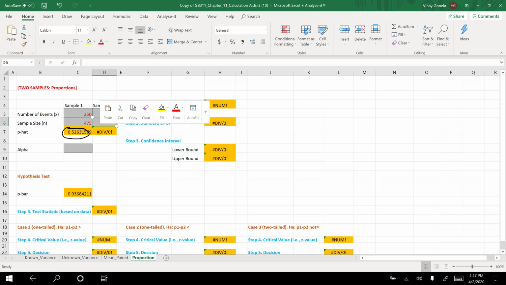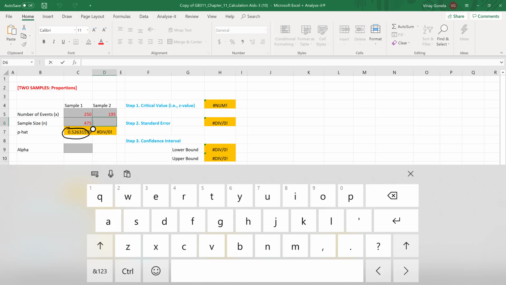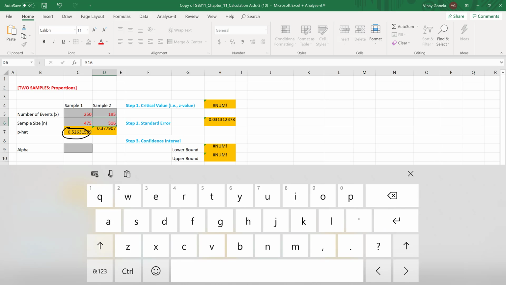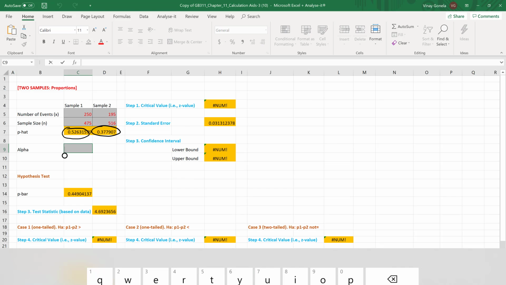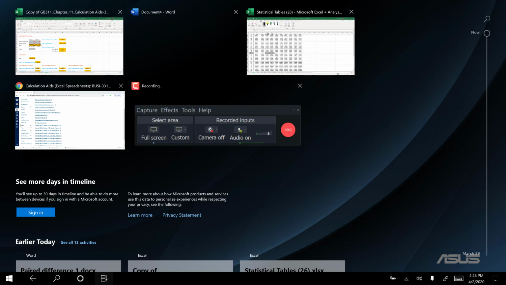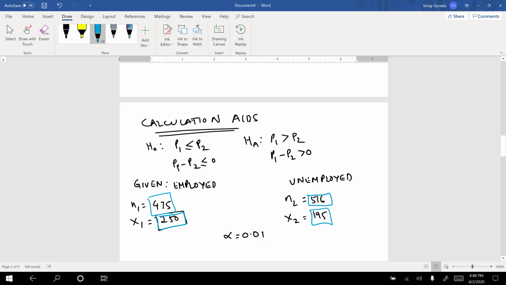Then again we got p2 hat here. So alpha, I need to type alpha here. Let me see what is our alpha. Our alpha is 0.01.